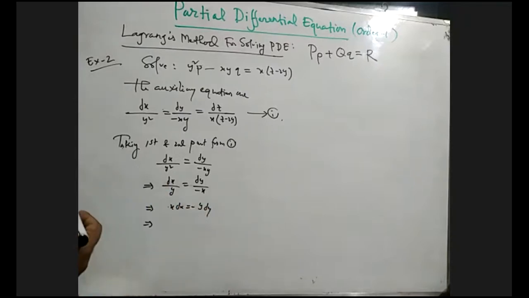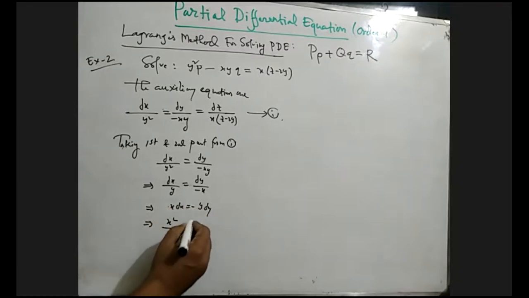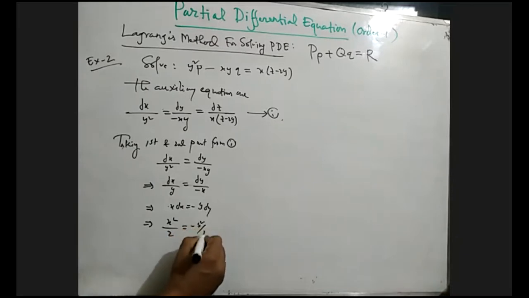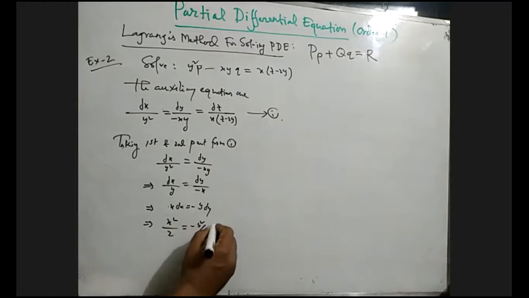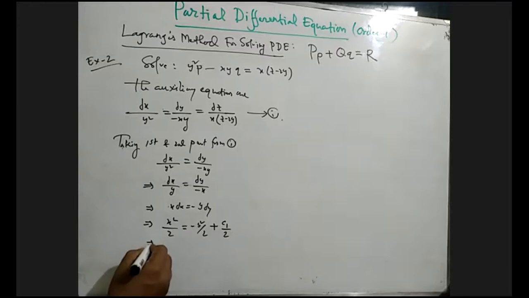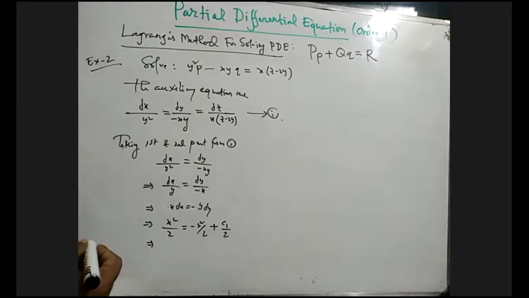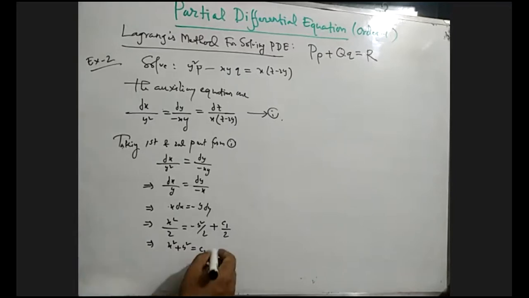Now integrating on both sides, we can write x square by 2 equals to minus y square by 2 plus another constant like this, c1 by 2. Now removing half from all sides, we can write x square plus y square equals to c1. Okay, this is equation number 2.